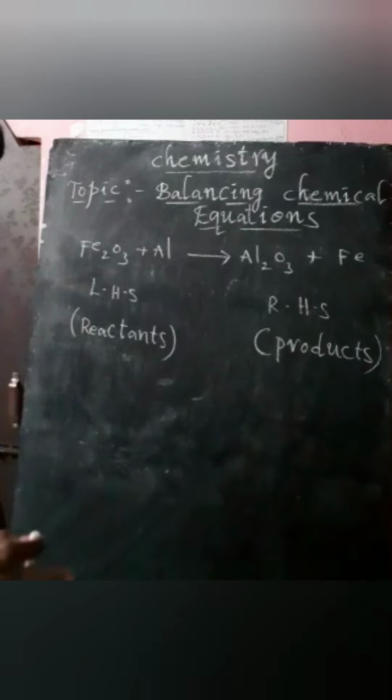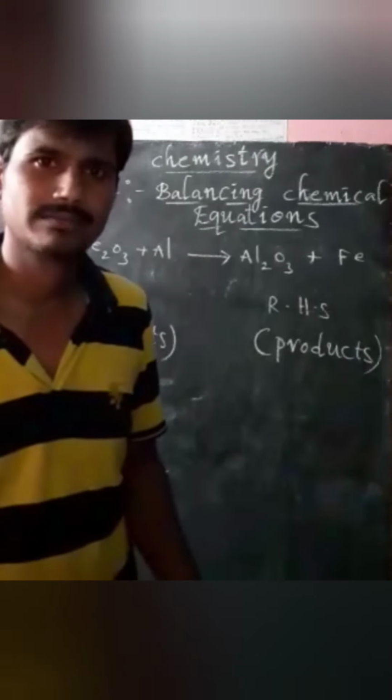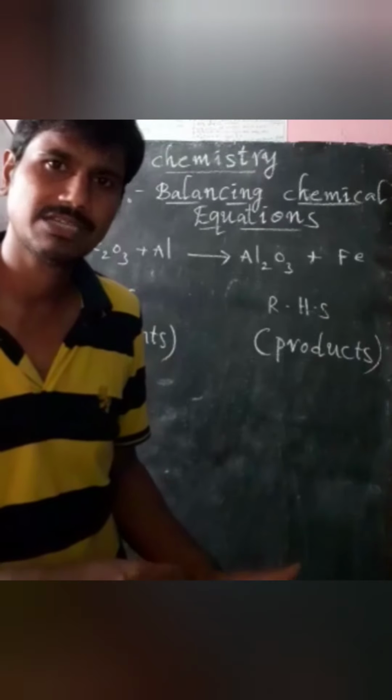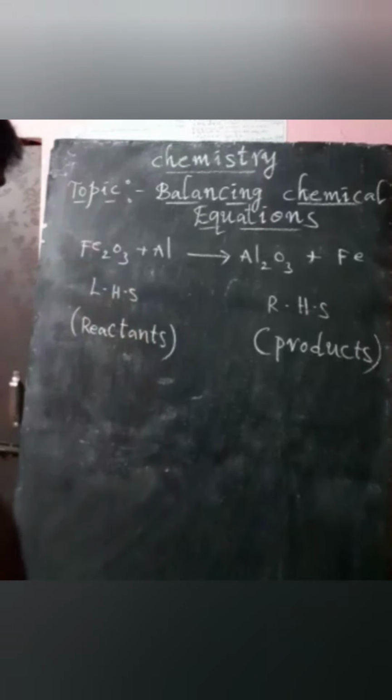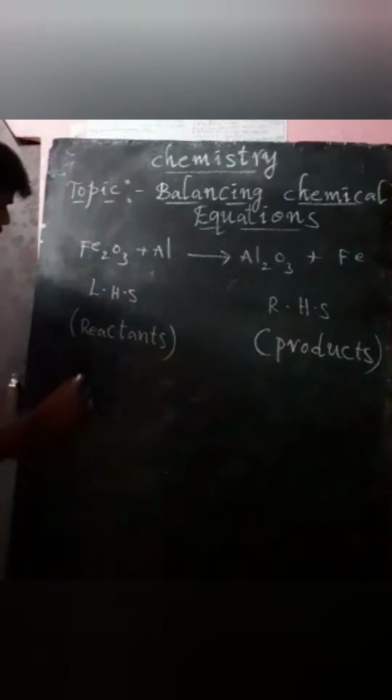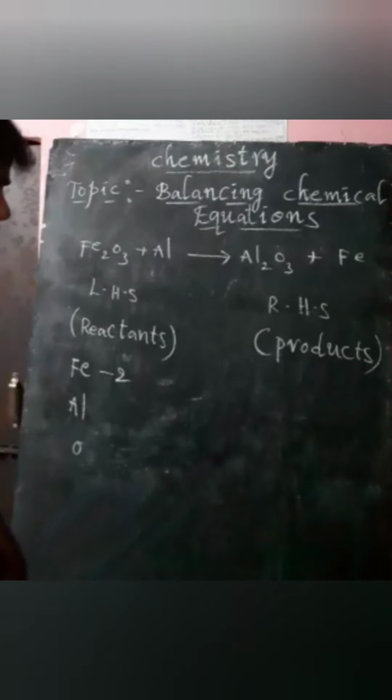By multiplying with a suitable coefficient, we can change an unbalanced equation into a balanced equation. See, first of all, on the LHS side, what are the atoms? Iron, aluminium and oxygen. Iron, how many atoms are there? Two atoms. Aluminium, how many atoms? 1.